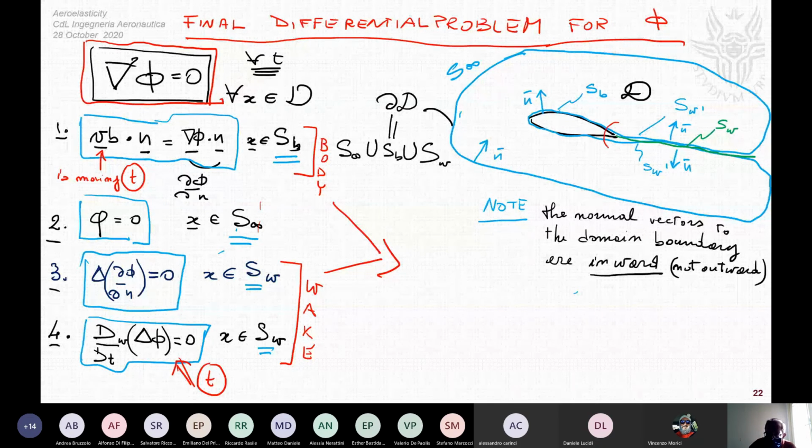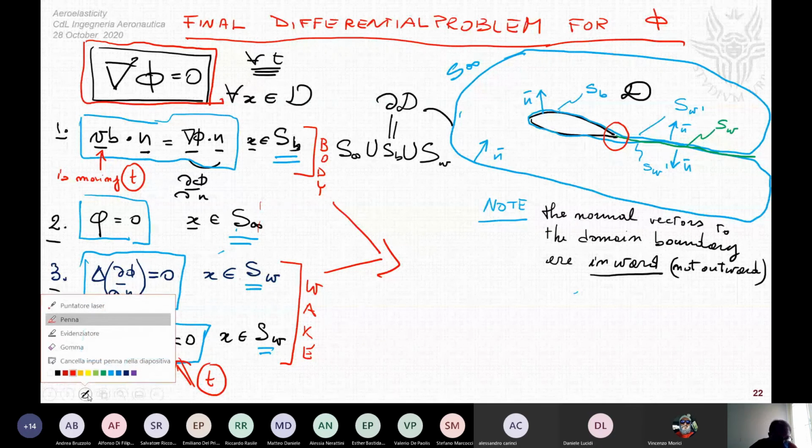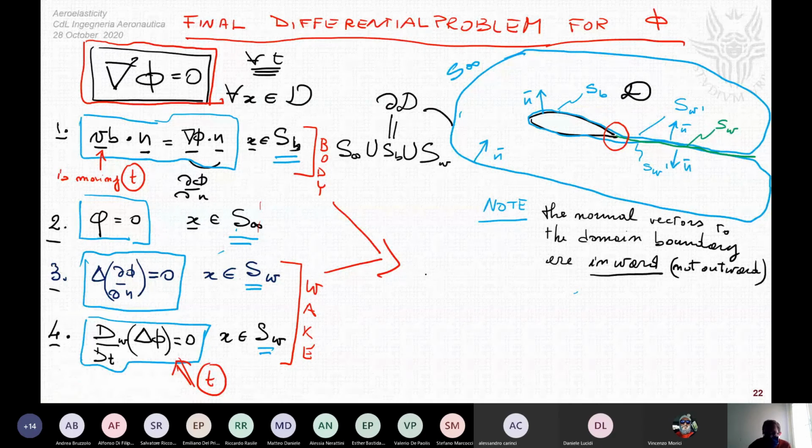You have to consider the trailing edge, because the trailing edge point is the point of connection between wake and body. And what about these two apparently independent boundary conditions applied on the body and applied on the wake? In such a way you ensure a continuity of your problem, of your solution, and this is a zoom of the trailing edge. Okay? And you have a flow here, you have a flow here, and here you have the wake.